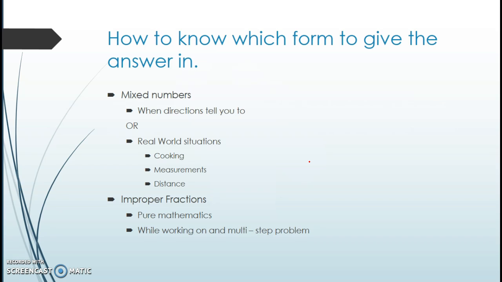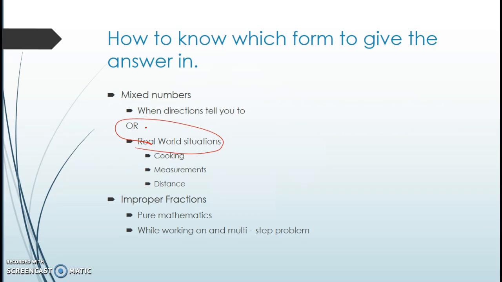How to know which form to give your answer in. Basically, mixed numbers are real-world situations. In cooking, we don't say in a recipe you need 9/4 cups of flour. We say 2 1/4. When we're talking distance, we don't say that is 21/5 of a mile.